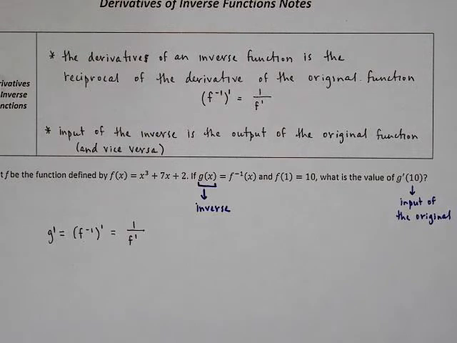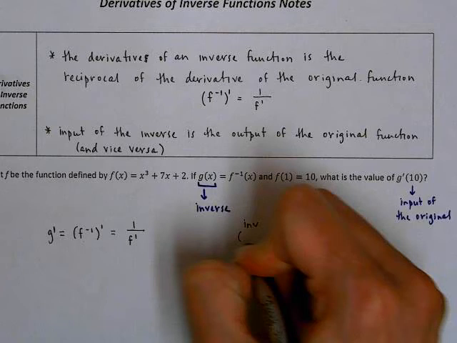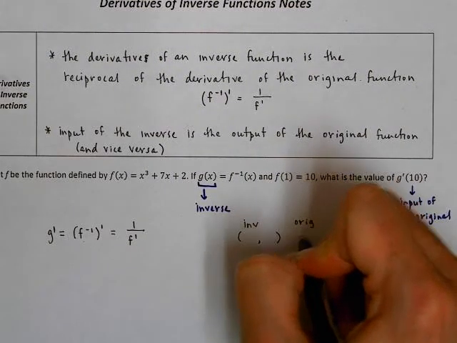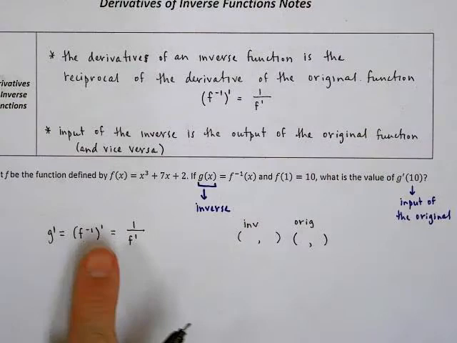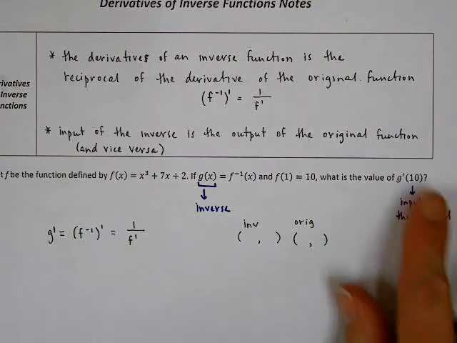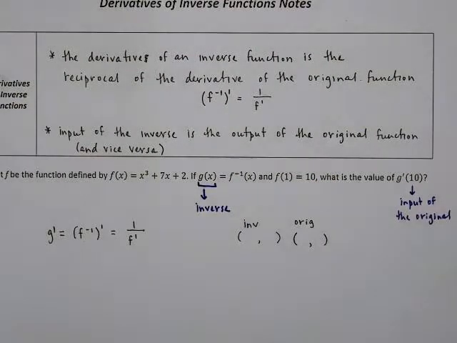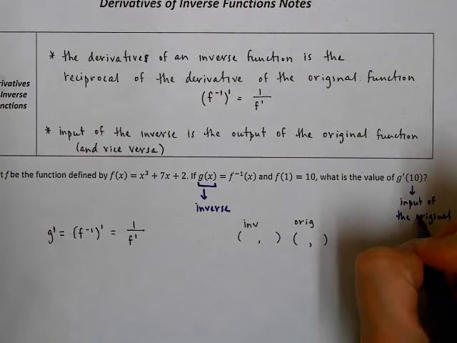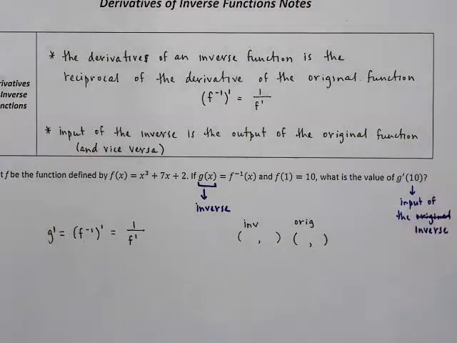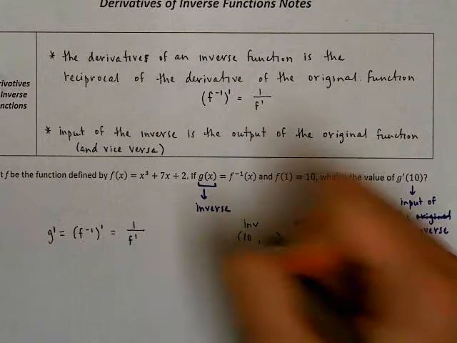So here's what I do for myself. I set up two ordered pairs, one for the inverse and one for the original, which I know, by the way, my original function is f. So my 10 here is the input of the inverse, since g was the inverse. Sorry about that. So the input of the inverse is 10.